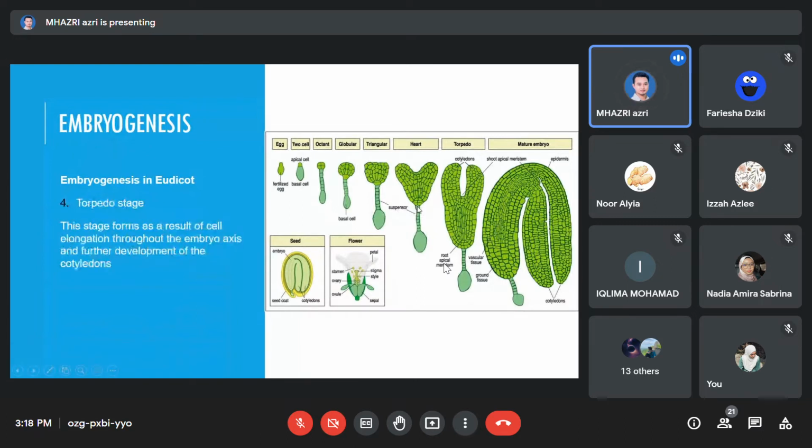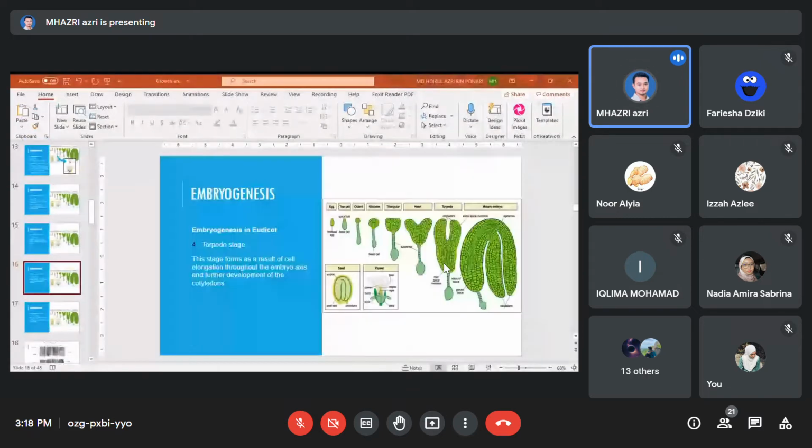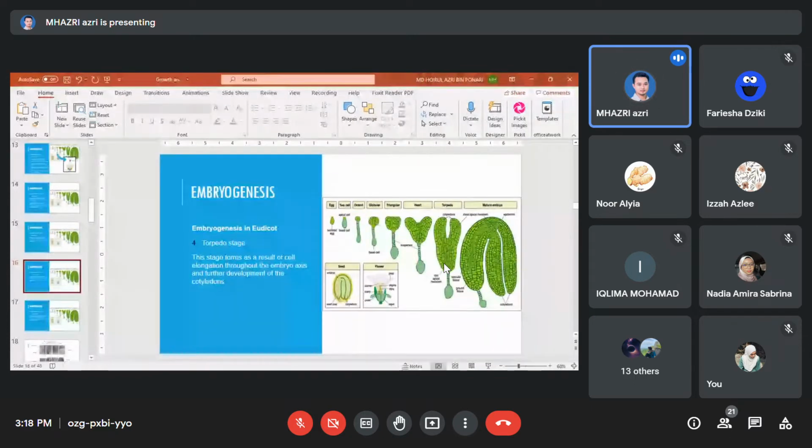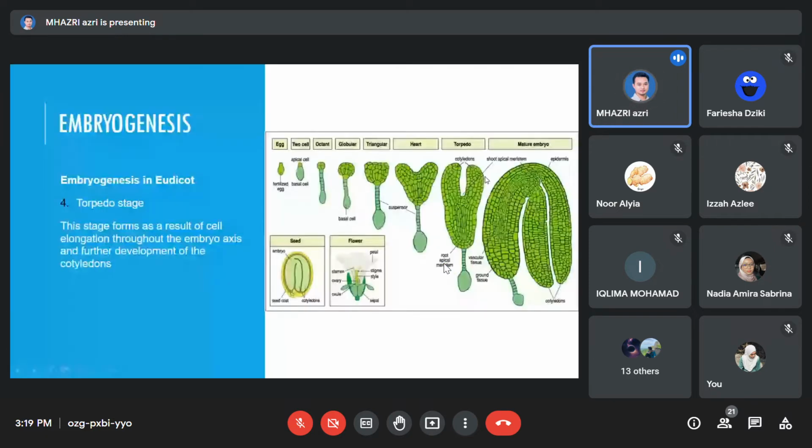Torpedo stage. This one is torpedo stage. Kenapa nama dia torpedo? Saya tengok bentuk dia pun tak torpedo, okay. Tapi if we observe under electron microscopes, some of the embryogenesis of monocotyledons, the shape will resemble torpedo, okay.